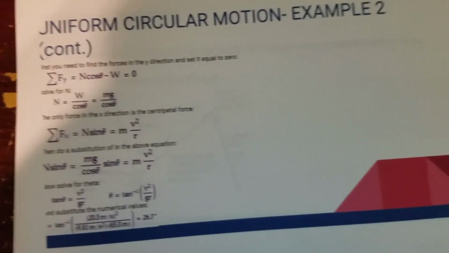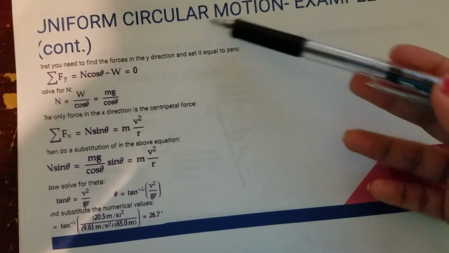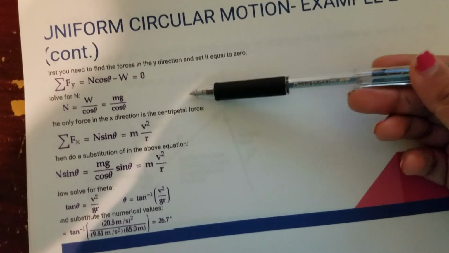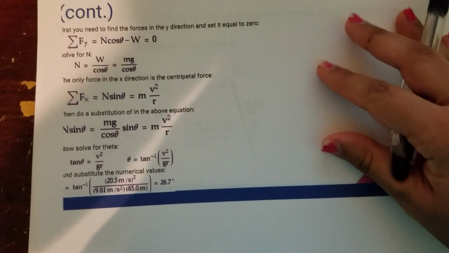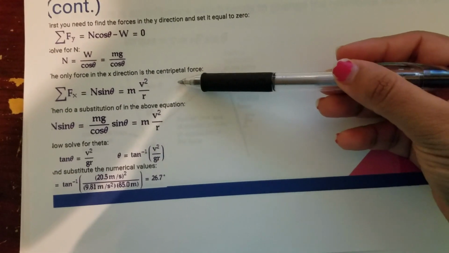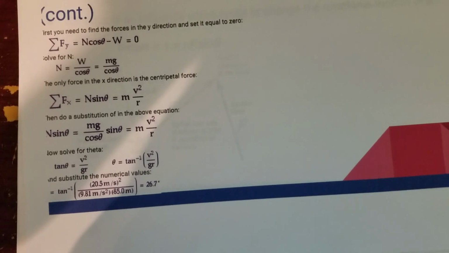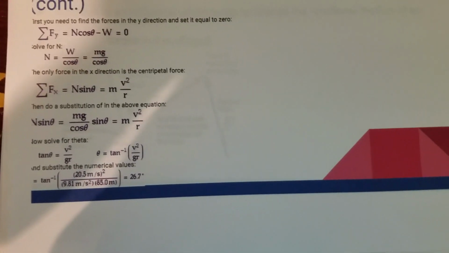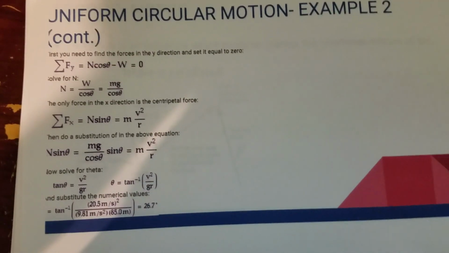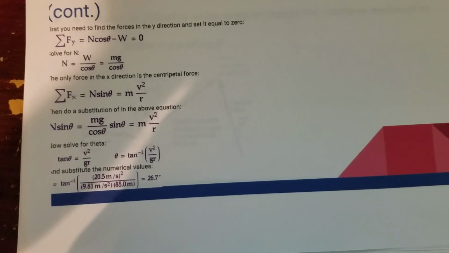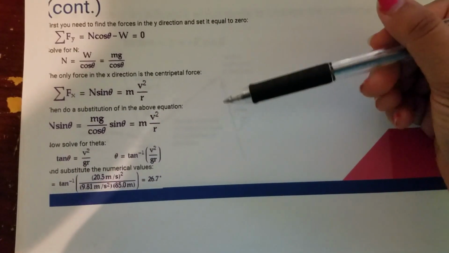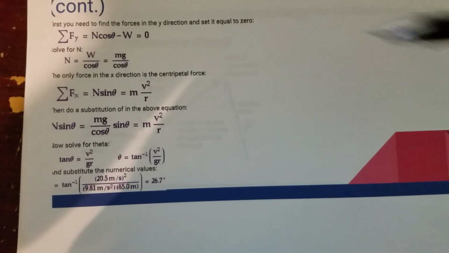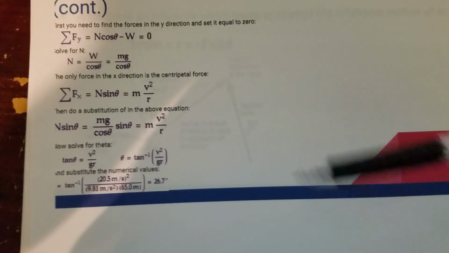So simple, like a forces problem. Then you solve for n, or F_n in this case, and then you find the forces in the x direction, and the only force in the x direction is the centripetal force. So it's mv squared over r. Then you do a substitution in the equation above, and then you solve for theta.